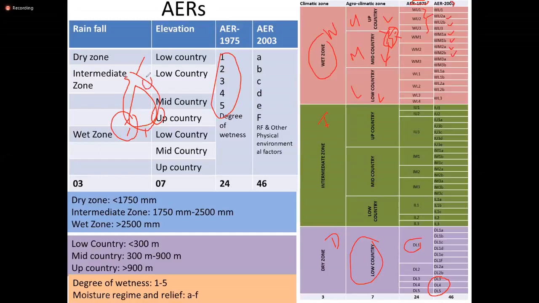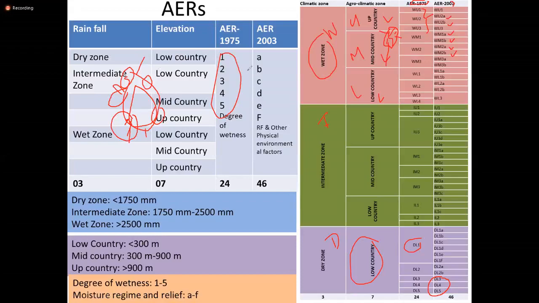Some belongs to a hot dry area, some to a very hot area; Mannar belongs to a very hot area. So the degree of moisture is somewhat different. Here this is wet zone low country, but we are looking at the dry zone low country. Mannar is a very arid area, that means very hot climate. So within that, the scientists found that further variation exists. So then DL1 is further divided into A to F. That's what all the divisions are, in the dry zone low country.